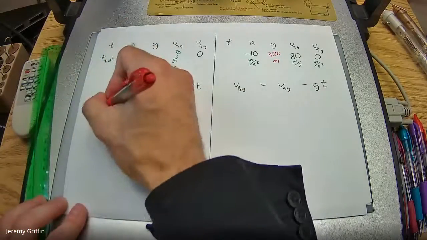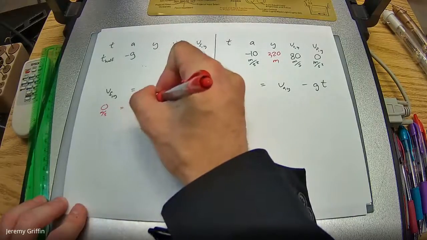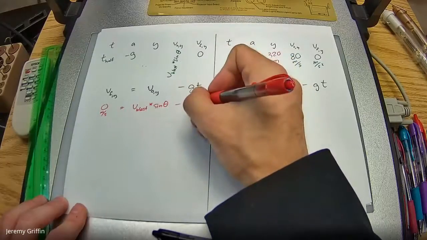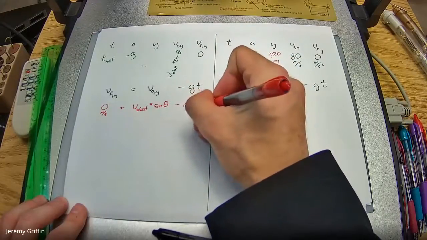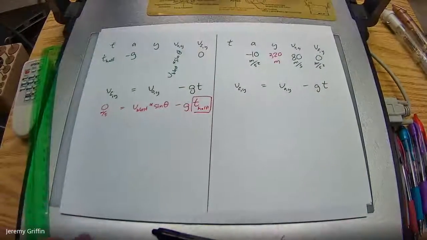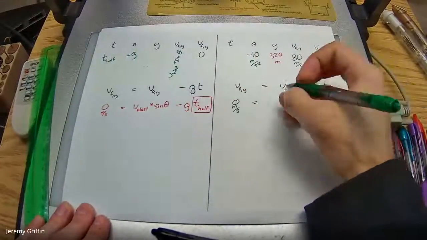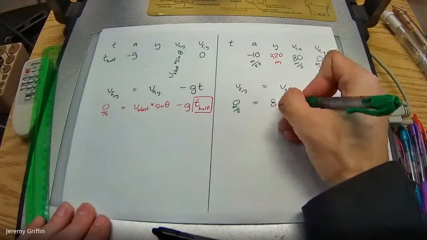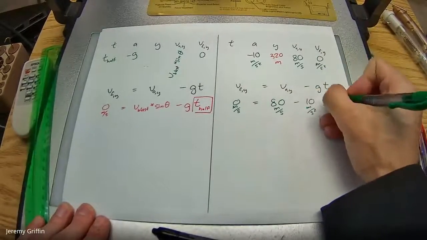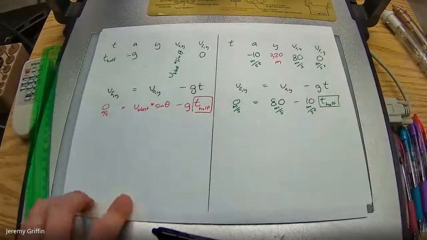V_fy goes to 0, coming from V blast sine theta minus g times t, and this really represents half the hang time, so I'll call it t sub half. Solve it that way. Or over here, also 0 meters per second equals the blast speed of 80 meters per second straight up in the air, minus 10 meters per second squared being pulled down, times t. And again, only solving for half the total hang time.